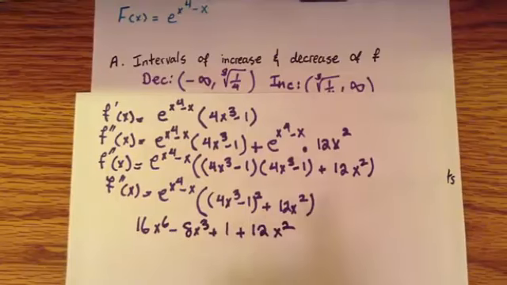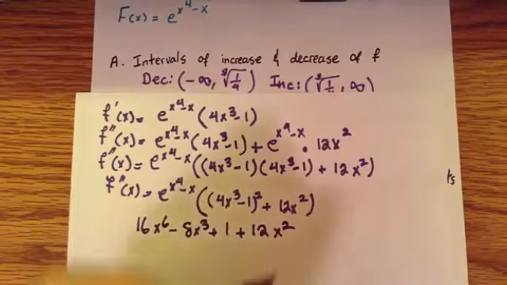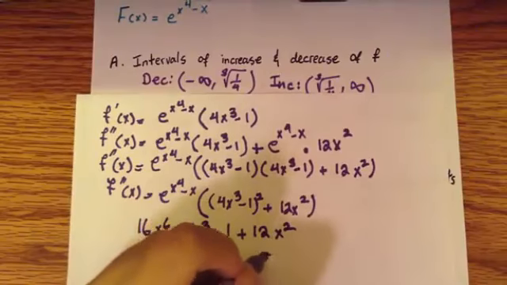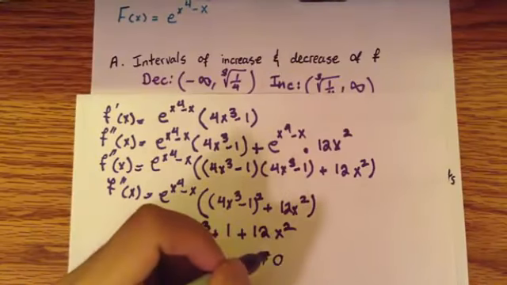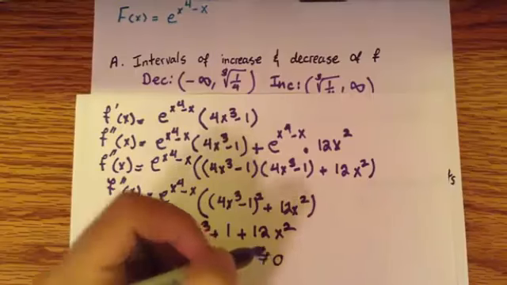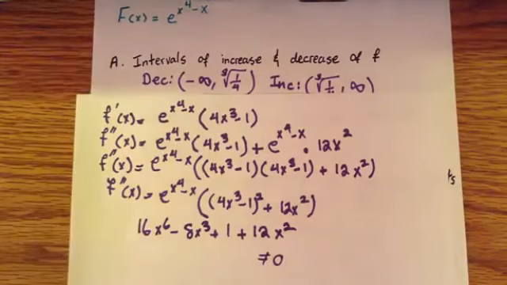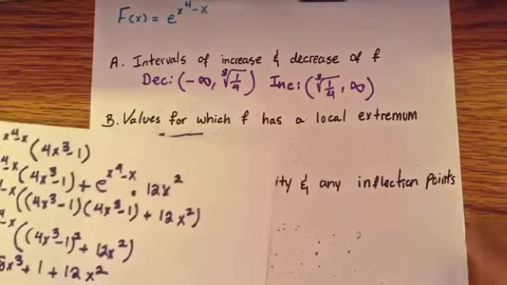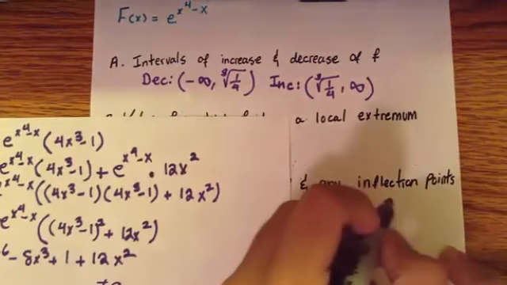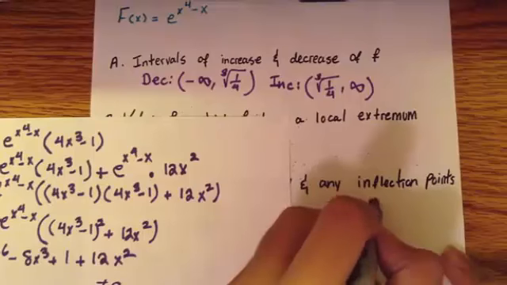I did this on my calculator and I didn't get any real zeros, so this is not equal to 0. Ultimately we're not going to have a real solution, so for our point of inflection, we're not going to have any, so I'm just going to write none.